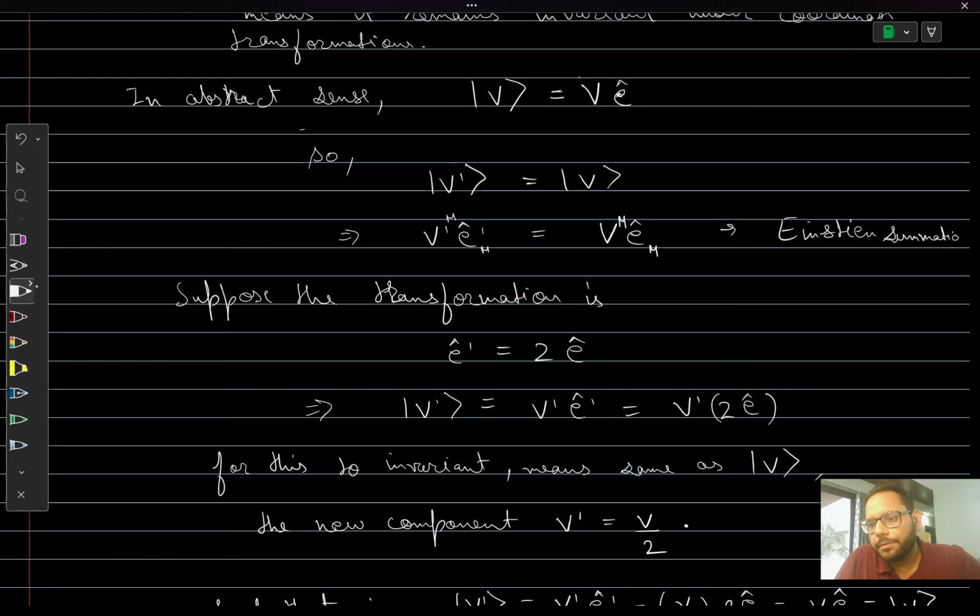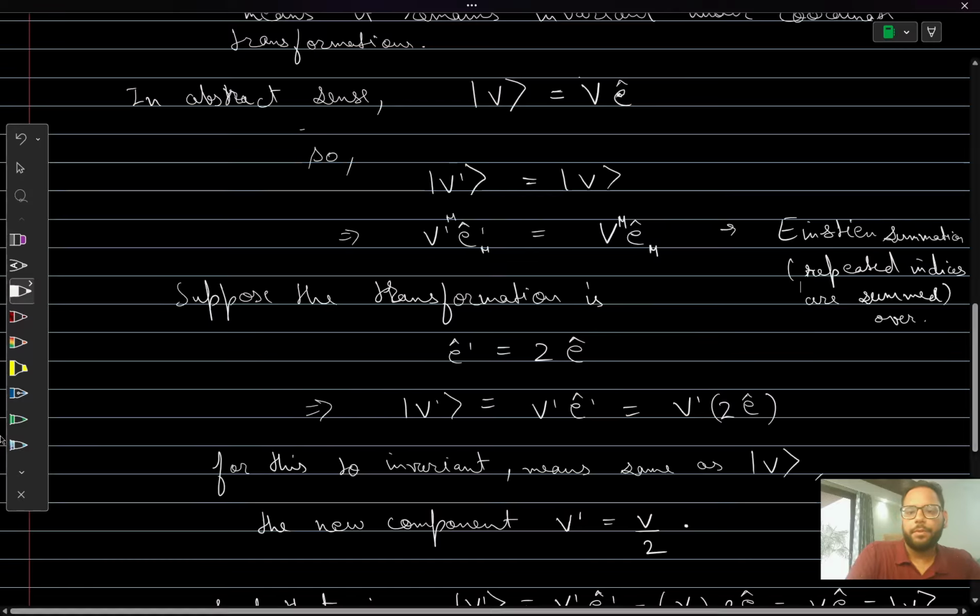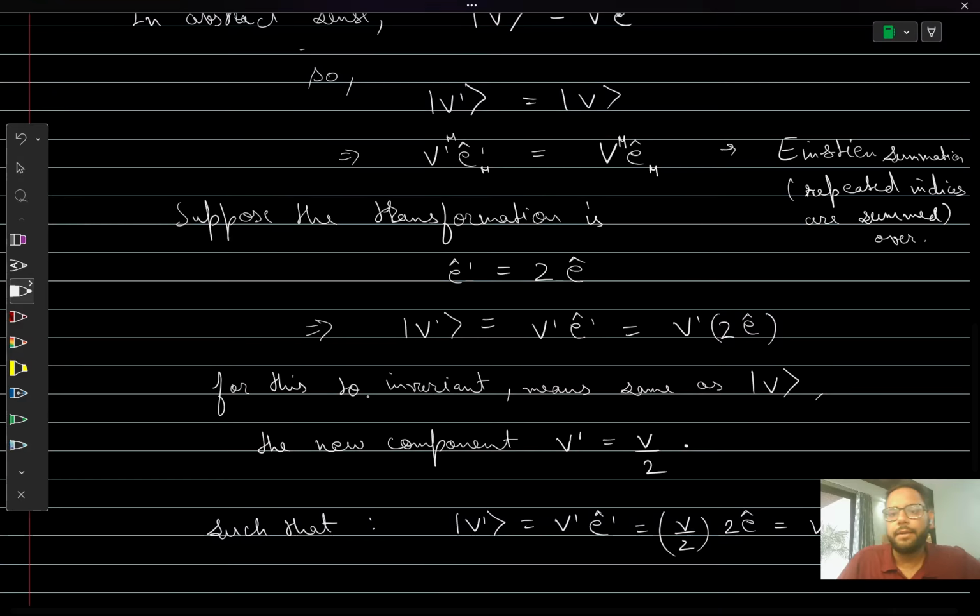Einstein summation means repeated indices are summed over. Okay, so we just define this, that because they contravary, because they vary oppositely, we define such indices in the opposite sense.